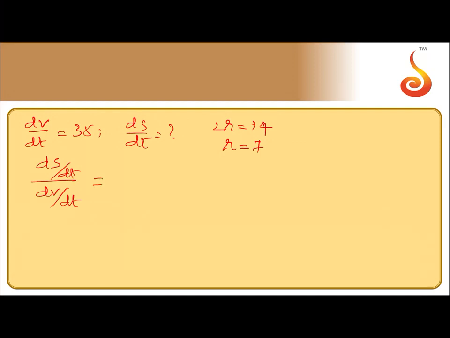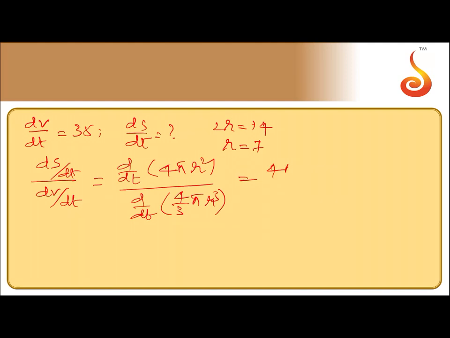Let me take up this one, this is the derivative with respect to time, 4 pi r square. So spherical balloon means area is equal to 4 pi r square, and volume is 4/3 pi r cube. And when you find the derivative, you'll be getting 4 pi multiplied by 2r dr by dt divided by 4 pi r square multiplied by dr by dt.